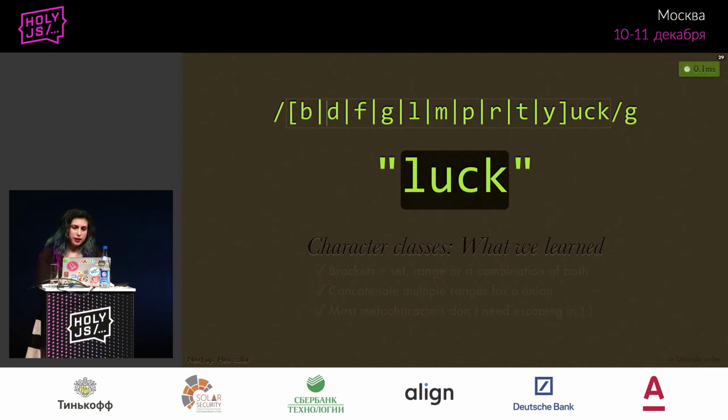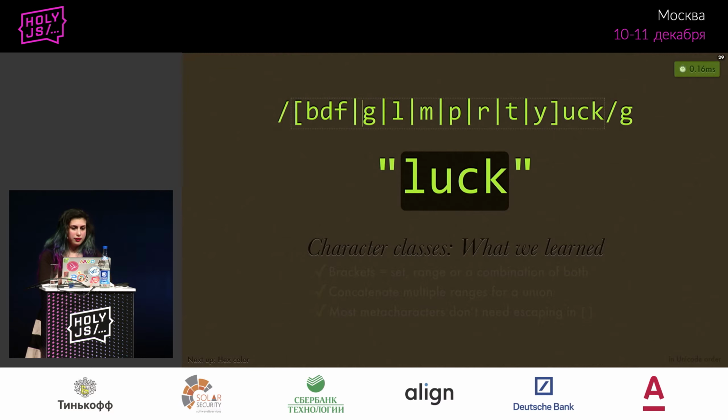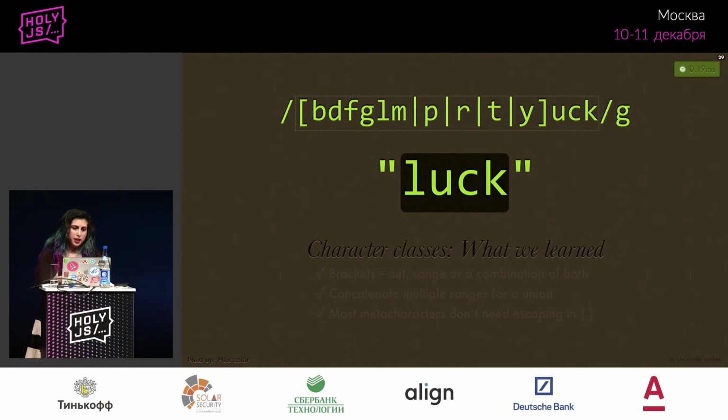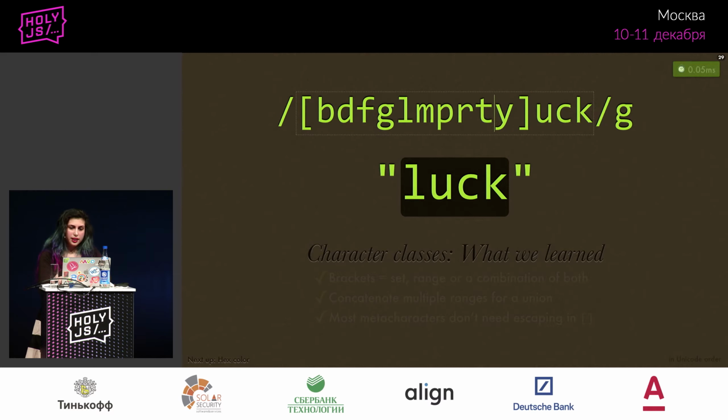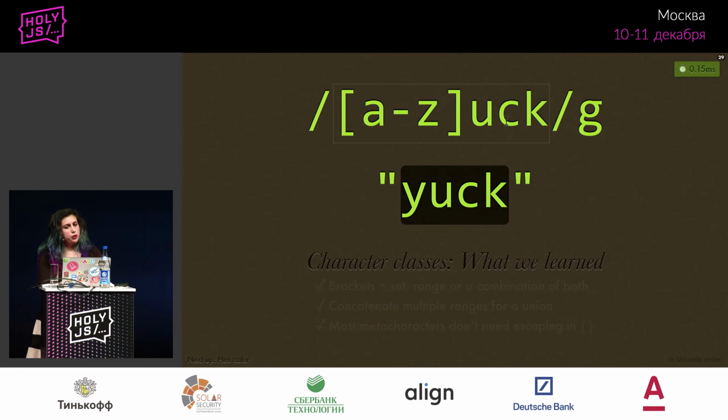A character class lets you place alternative characters inside brackets, and you can see that it's much more elegant, and it still matches the same things. But character classes are way more powerful than just syntactic sugar for alternatives, because you can also have ranges. You can do A to Z in here, and now you also have Zuck that you didn't have before.